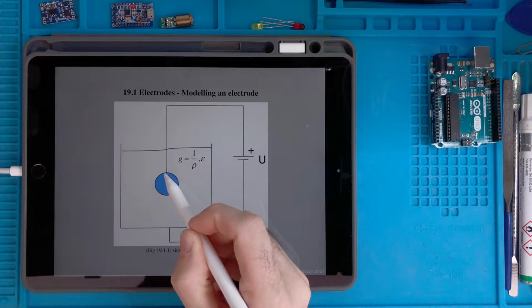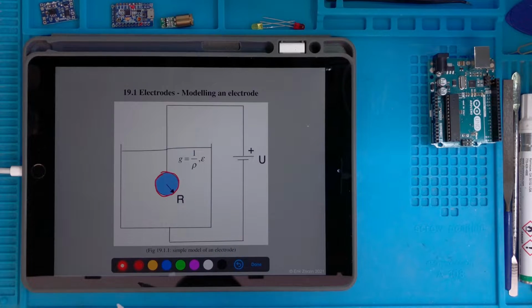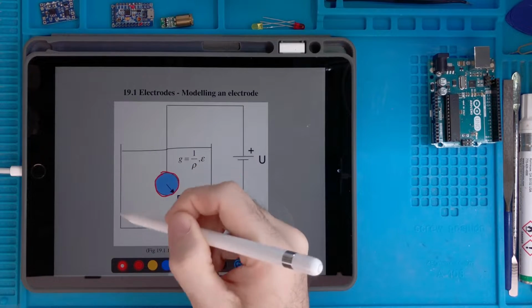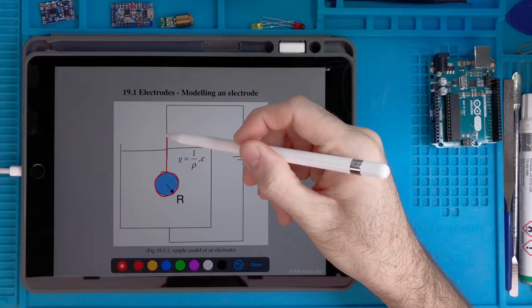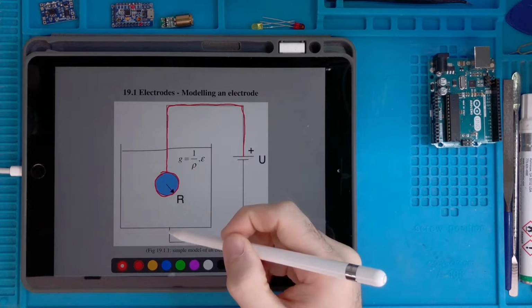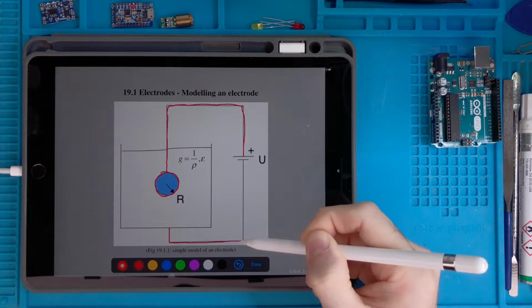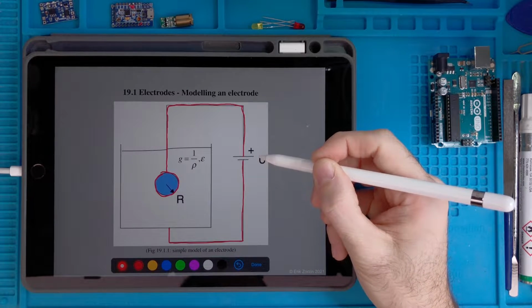Then what we have here is a sphere, which is a metallic sphere, perfect metal, so with resistivity equal to 0, and then infinite conductivity, as in the case here. Then we have another thing, which is a perfect wire connecting this electrode to an external battery, having voltage amplitude U.